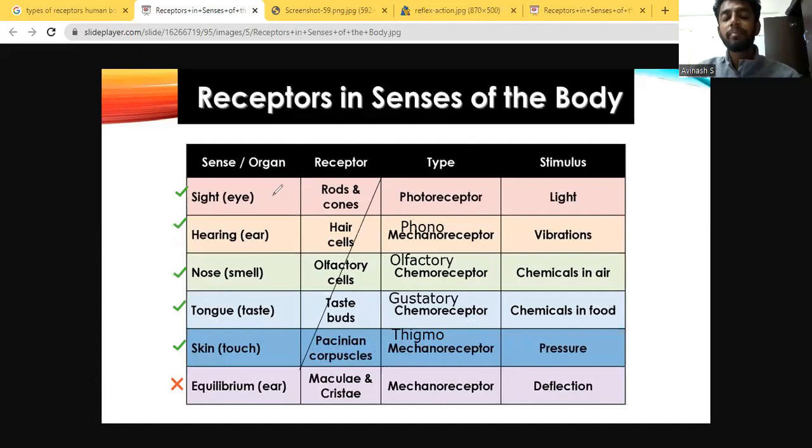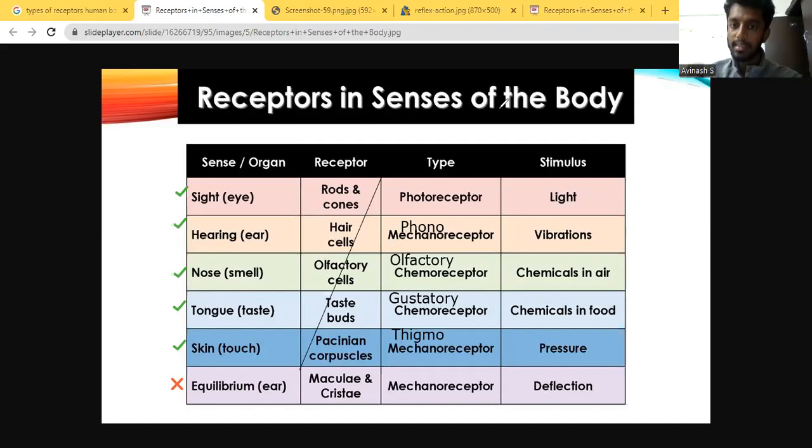Basically, I repeat, there are 5 sense organs as we all know, and each sense organ perceives something different. For example, the eye perceives vision, the ear perceives hearing, the nose perceives smell, the tongue perceives taste, and the skin perceives the feeling of touch. The second column consists of the type of cells present in the receptors.